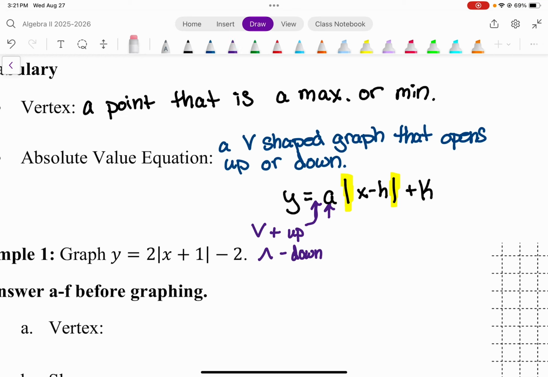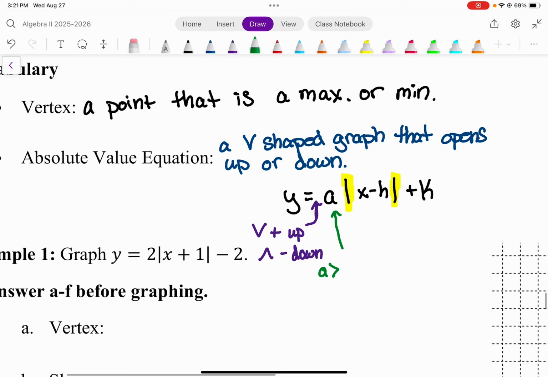Then the a value itself is going to tell us a little bit of information as well. If just the number, ignoring the sign, if a is greater than 1, we are going to have a narrower graph. If a is less than 1, so it's like a fraction or a decimal, like 1/2 or 0.5, we are going to have a wider graph.